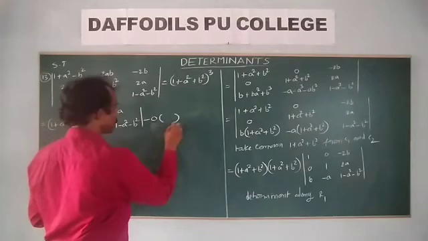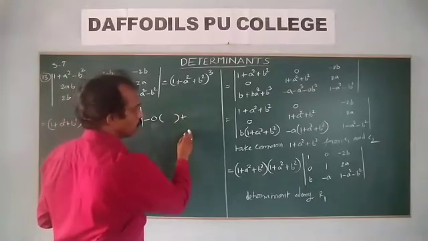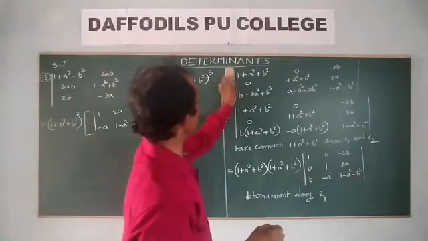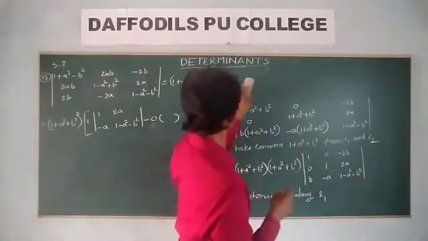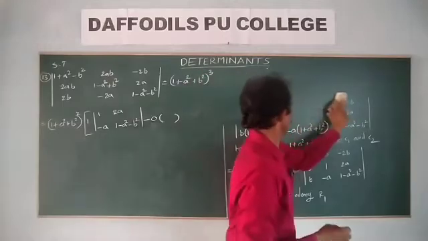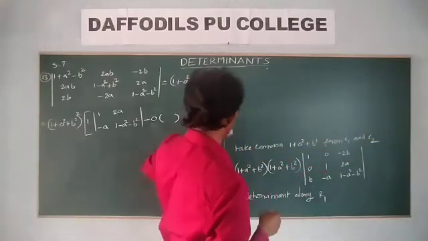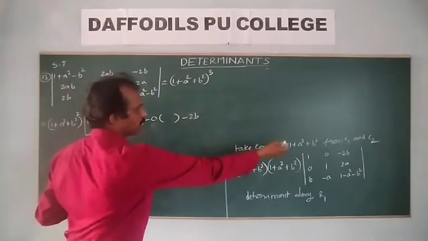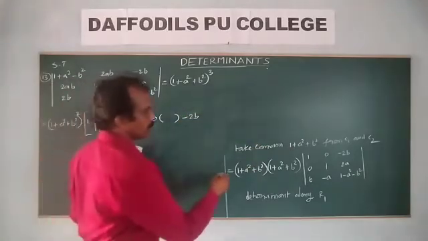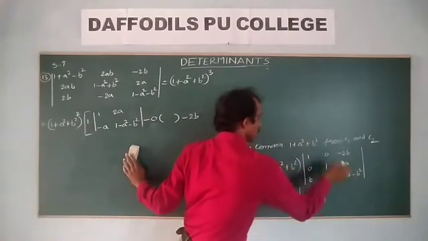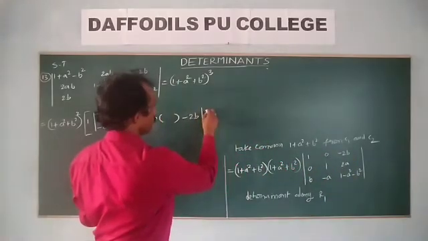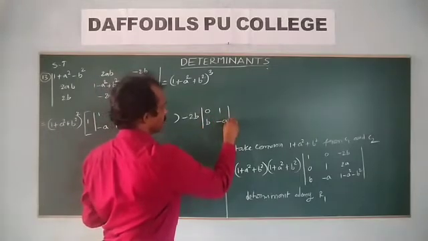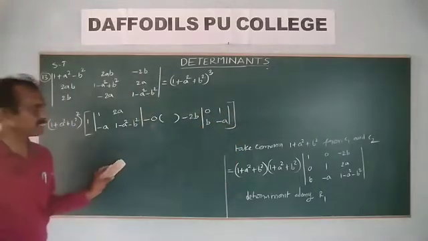Next term plus B of minus 2B: deleting this row and this column, the remaining is 0, B, 1, minus A, close bracket.